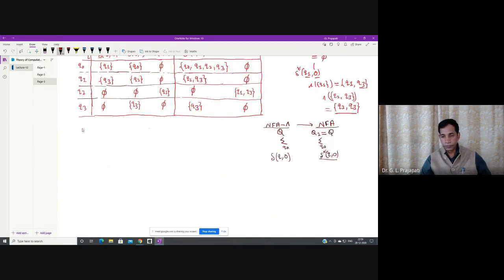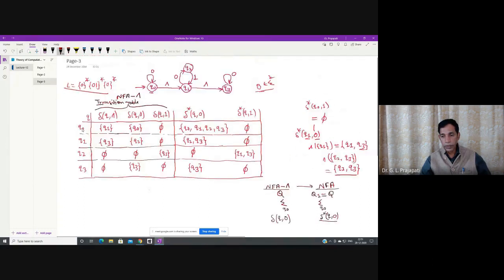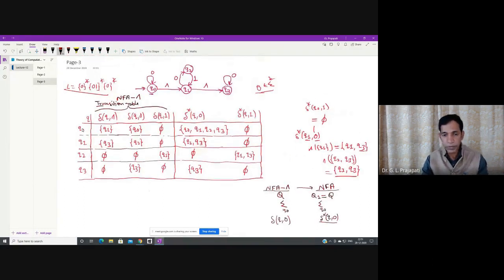That's exactly what we have done here, and these are the transitions of your NFA. The NFA is going to make the transitions like this.